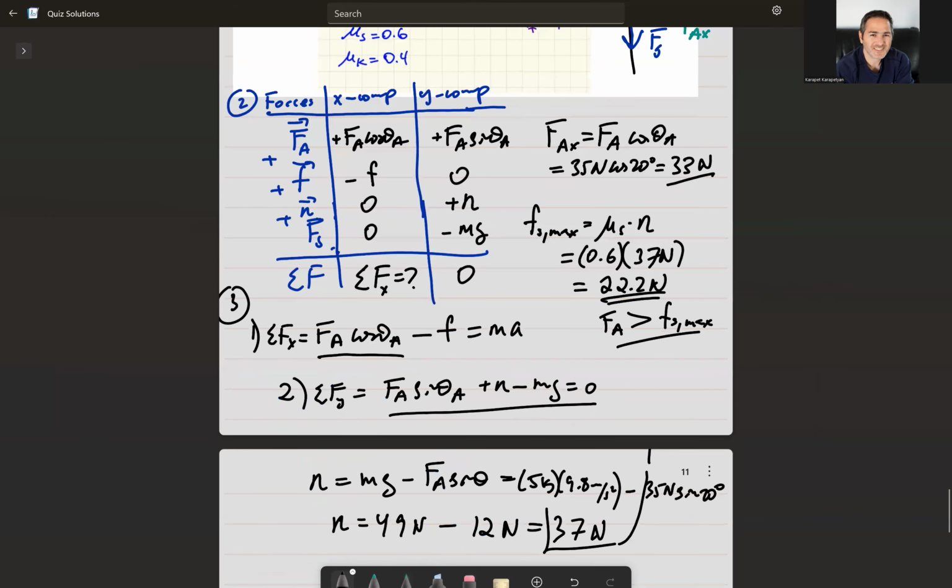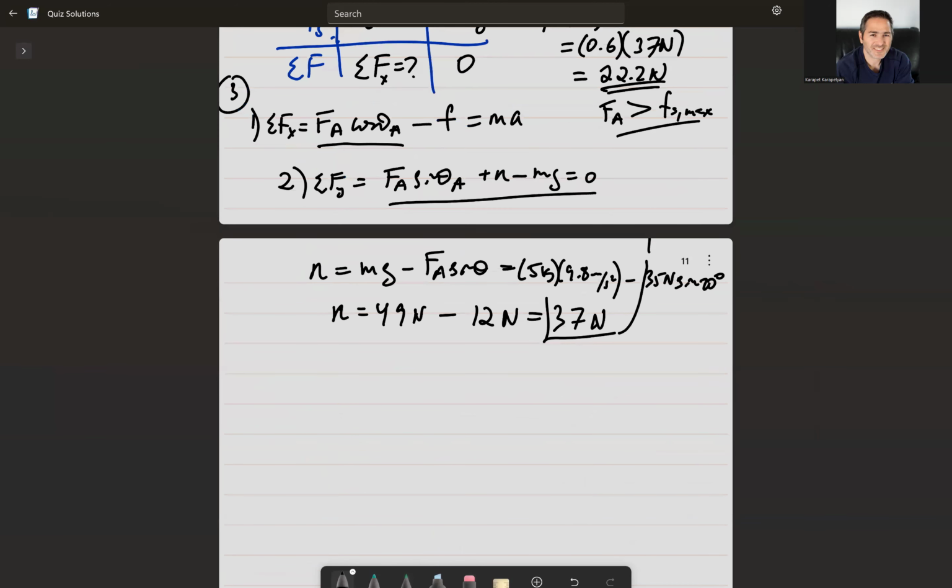So let's go ahead and do that. That means equations 1 and 2 can already allow me to do that, right? So equation 1, net force in the x direction will be FA cosine theta A minus friction. But here's the thing, right? If I know that it is moving, then I don't use static friction anymore.